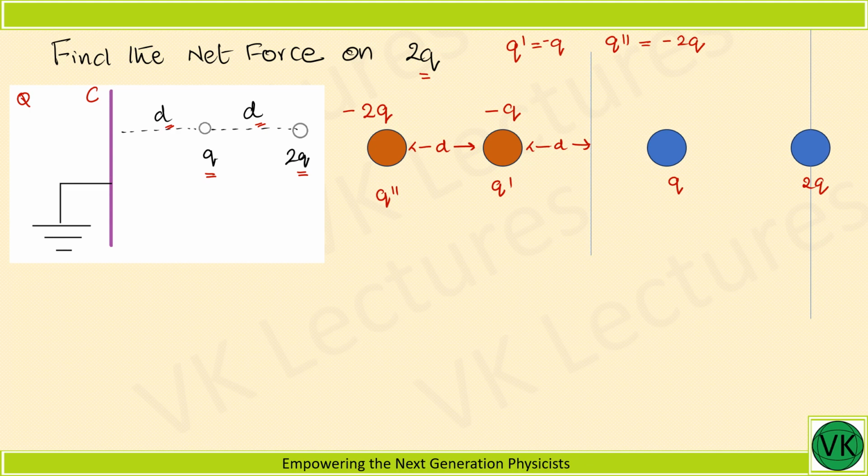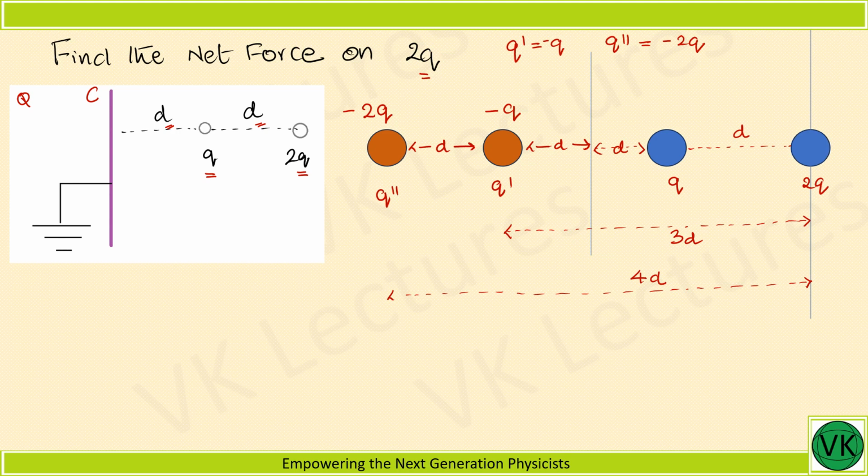So now we need the separation of 2q from the other charges. 2q from this particular charge is at a distance of d, and from q dash or minus q, the separation is d, another d, and another d, which means there are 3d, and the separation from q double dash to 2q is 4 times d.